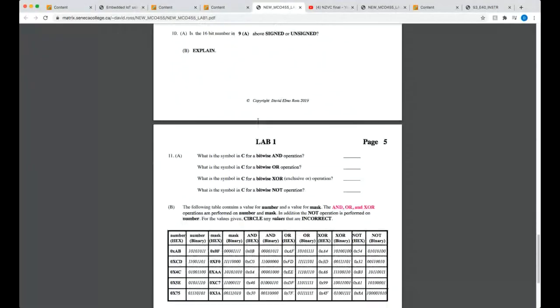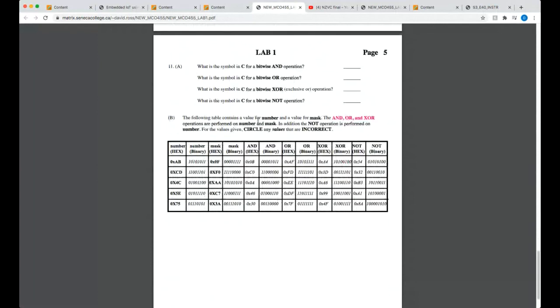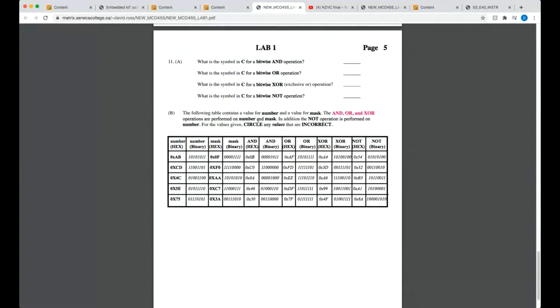So that's the explanation. Now, this is bitwise ANDing and ORing, okay? And this one, again, there is a video to show you how to do this. And you have to check through this entire chart to figure out, when I do AB, is this AB in binary? When I take a look at 0F, which is my bold value, is this 0F? Now, when I AND this number with this number, do I get this number? In other words, when I AND this guy with this guy, do I get this? And when I AND this with this, do I get that?